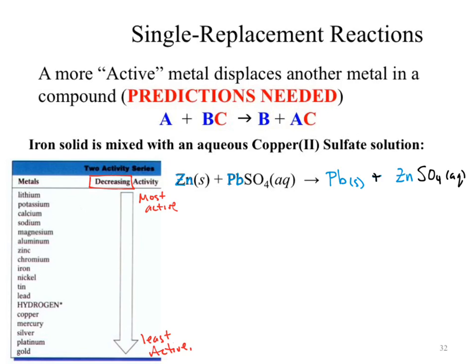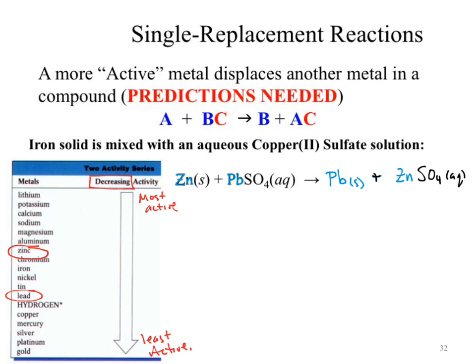So to do this interpretation, we now need to look for the 2 metals that are relevant. I don't care about lithium, potassium, or calcium because they're not in the equation, so ignore them. What we need to focus on is zinc and, where is it? And lead. Which one is more active? Zinc.